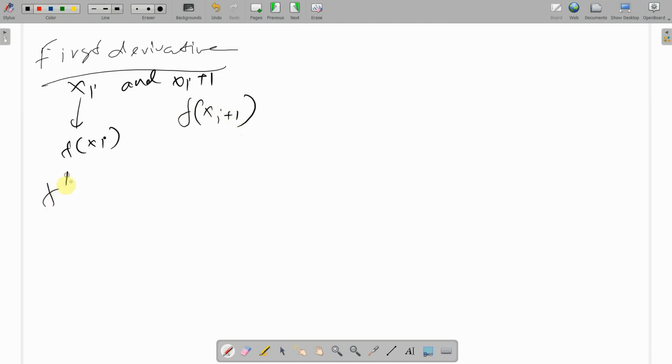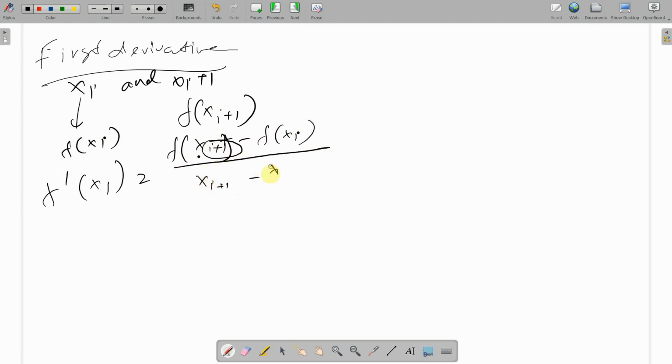So f dash x_i can be written as f(x_i plus 1) minus f(x_i), remember, in the suffix you have i plus 1, divided by, it's a simple one, x_i plus 1 minus x_i.